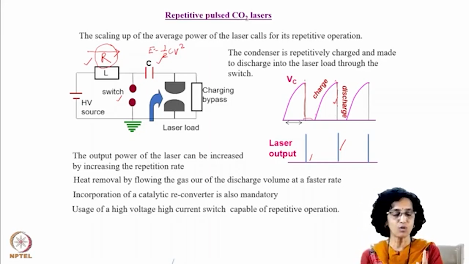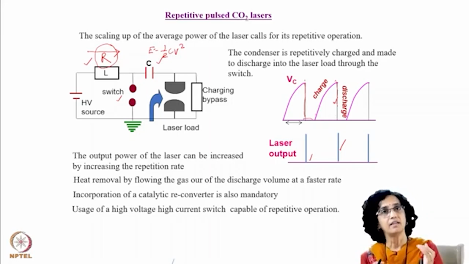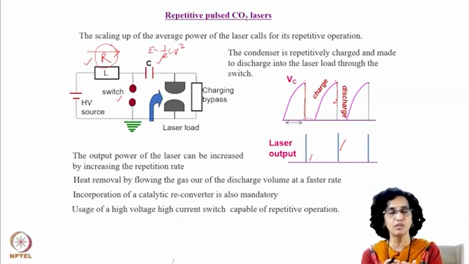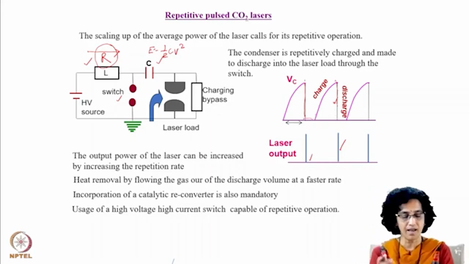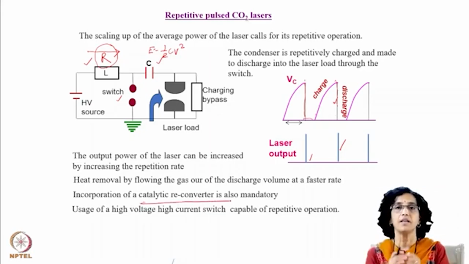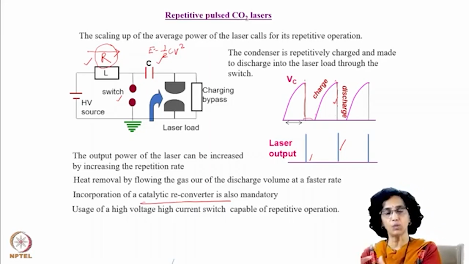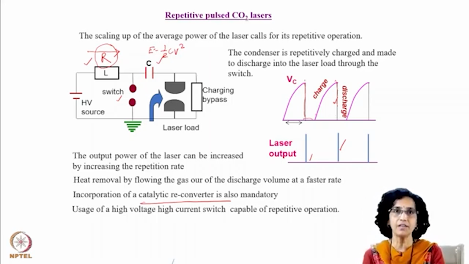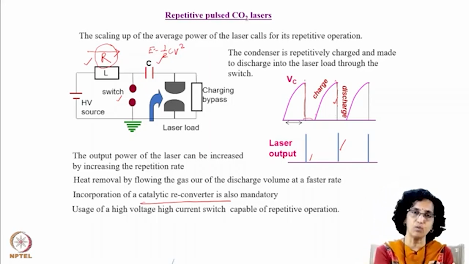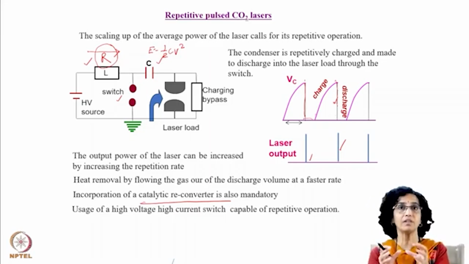And also, because the voltages and currents involved are very high, the dissociation of CO2 into CO and oxygen also increases. Therefore, the usage of a catalytic reconverter is mandatory, very important. The gas mixture is made to flow through a catalytic reconverter, and then it is cooled and once again put into the inter-electrode volume.